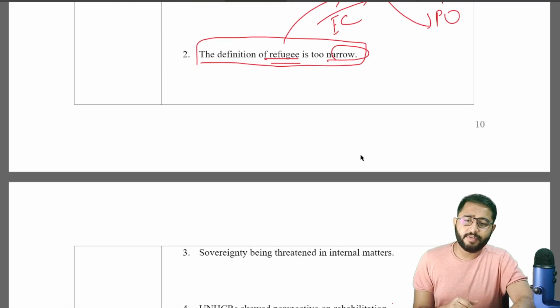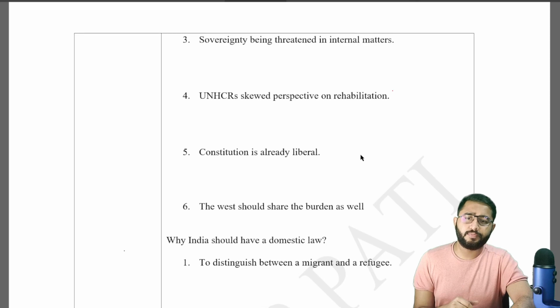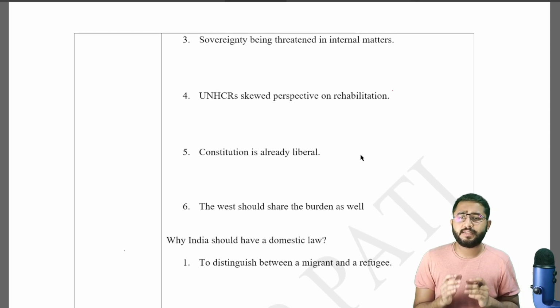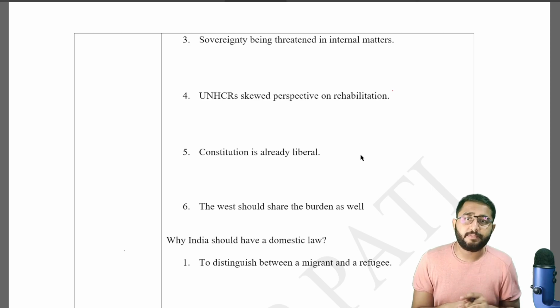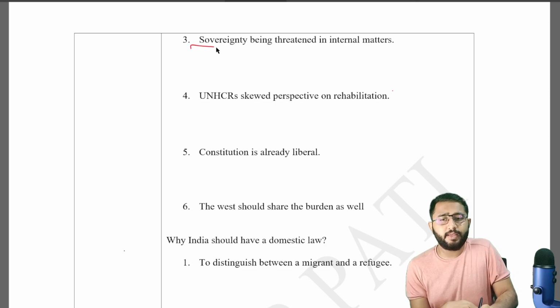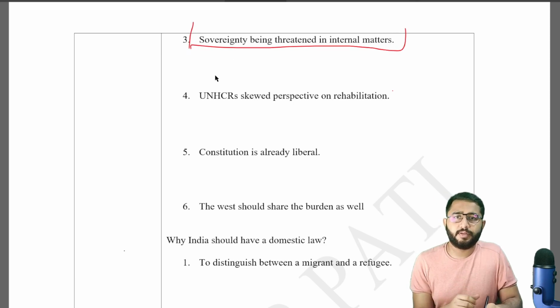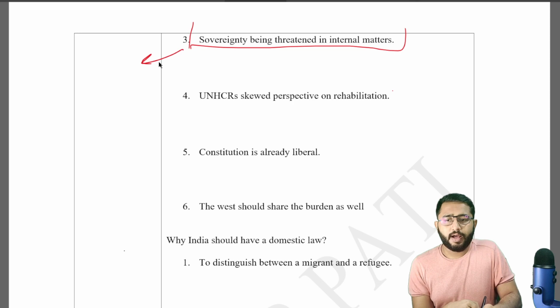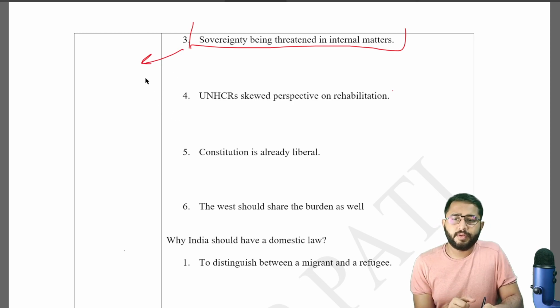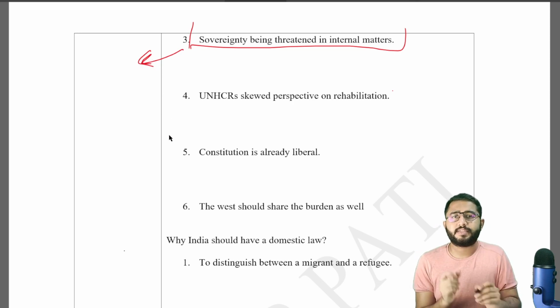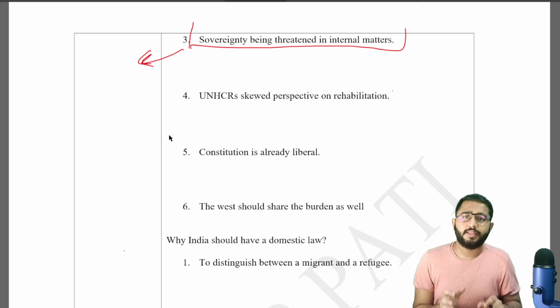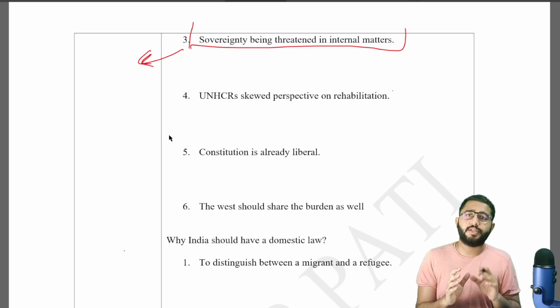Then the third reason why India said that it is not going to sign this is because India said my sovereignty might be threatened in internal matters. Now, what does that mean? There could be a very peculiar situation where, let's say, India signed that agreement, and then a miscreant in Kashmir who is claiming to be a Kashmiri says that I'm a refugee in India.